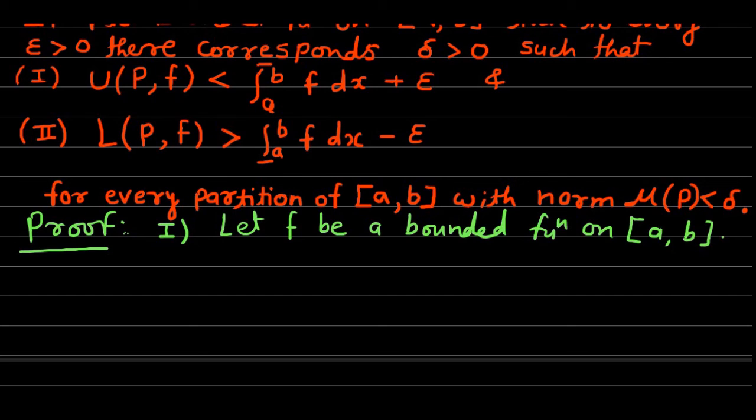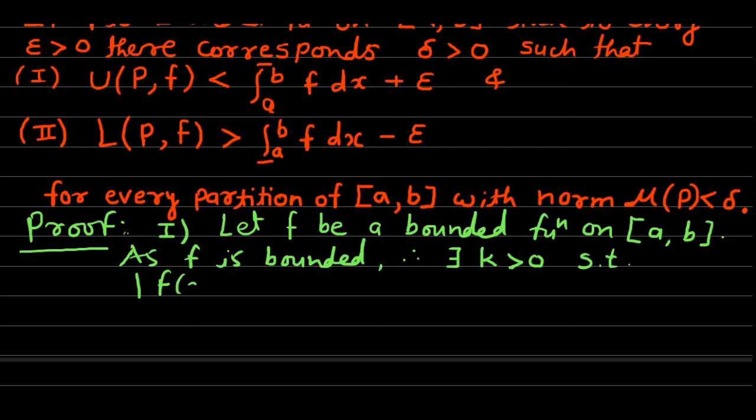Now as f is bounded, therefore by the definition of boundedness of the function, there exists some positive real number k, that is k greater than 0, such that the modulus of f(x) is less than or equal to k.